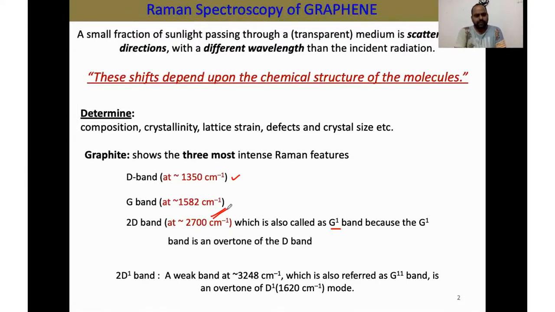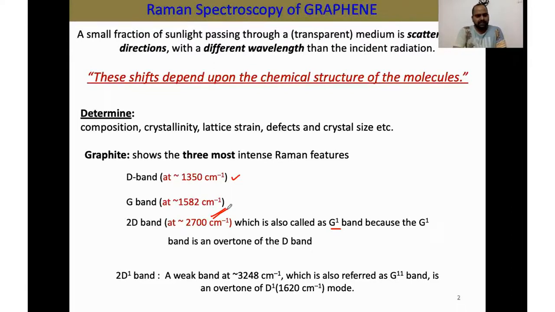That is the 2D dash band, meaning the overtone of the G band. Sometimes we also call it the G double dash band. These are the typical features of a graphite Raman spectrum.